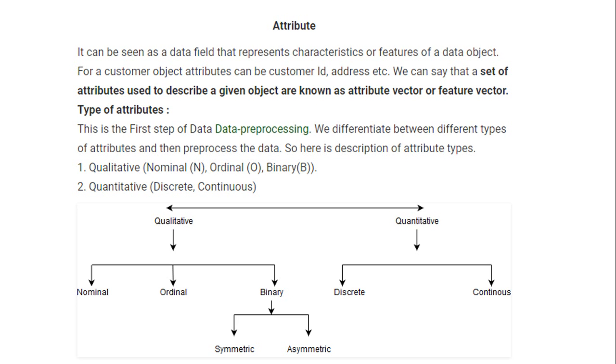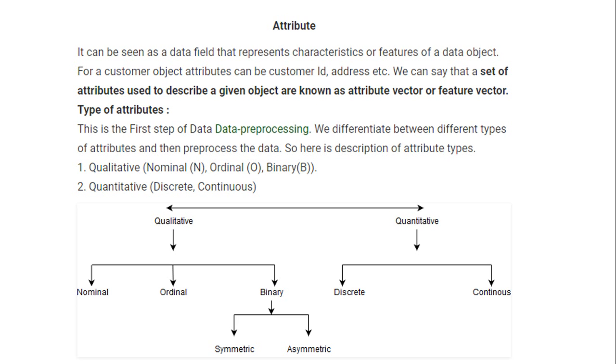Another example can be medical test outcomes. The medical test outcomes can also be binary, where a value of 1 means the result of a test for a patient is positive, while 0 means the result is negative.